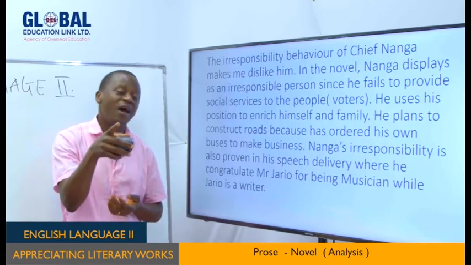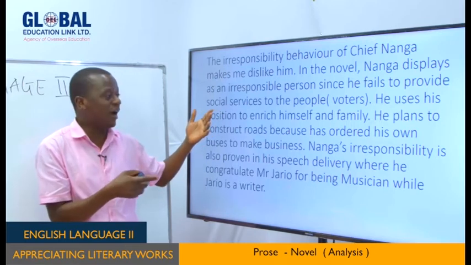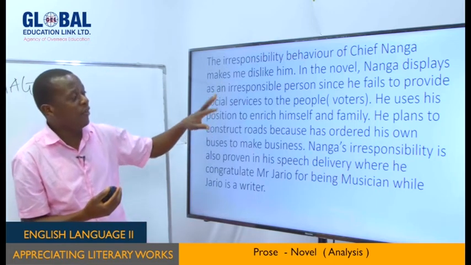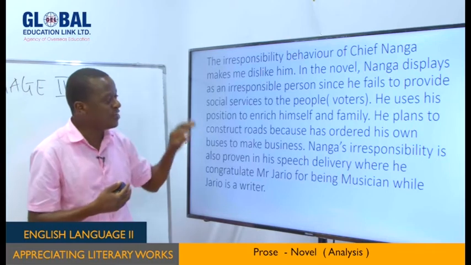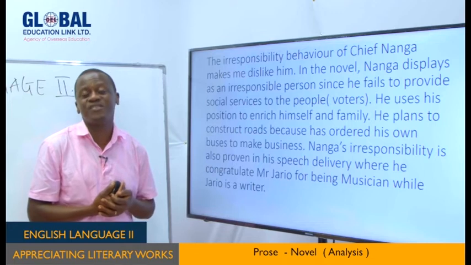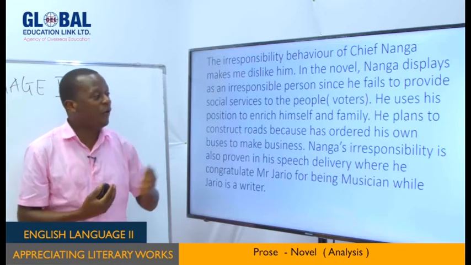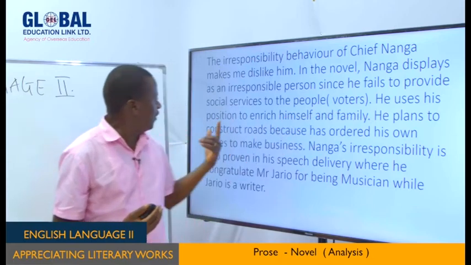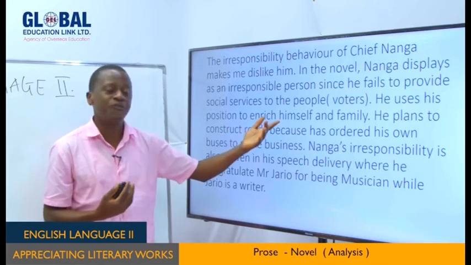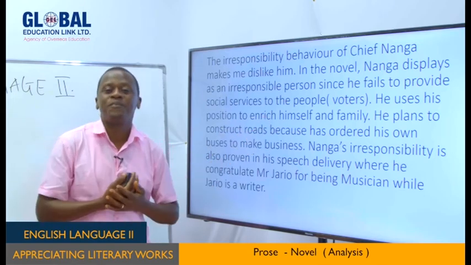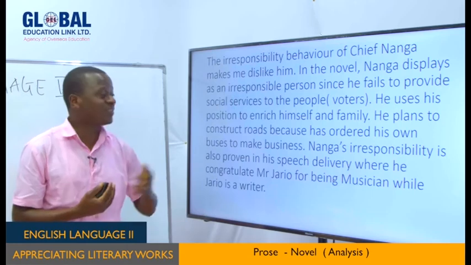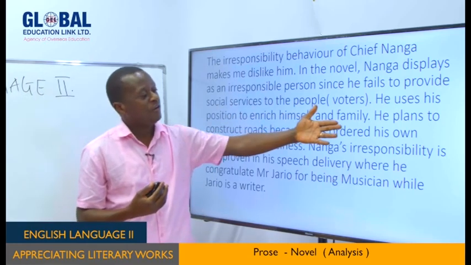Remember in the book, Nanga was elected by this downtrodden majority, believing that he will provide the social services needed in that particular society, including water, electricity, roads, etc. Instead, Nanga uses his position to enrich himself and his family, as he buys himself an expensive car. He builds a decent house in Ibori. He sends his children to expensive schools.